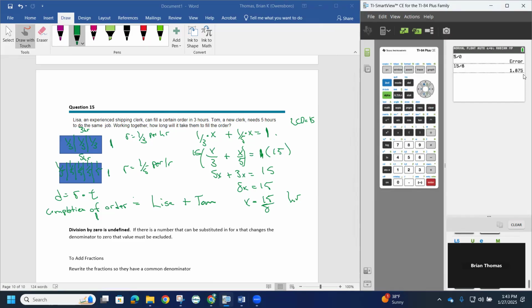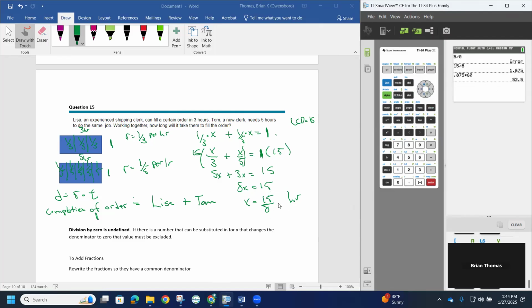Now, if I want to change 0.875 into minutes, I multiply 0.875 times 60, and we would see it's about 52.5. So basically, it's going to take them 1 hour and about 52 minutes and 30 seconds if you really want to break that all the way down. I think we can just leave the answer in hours though.